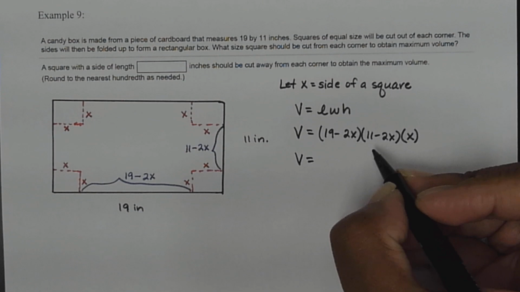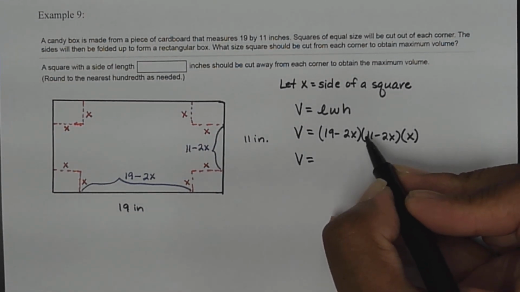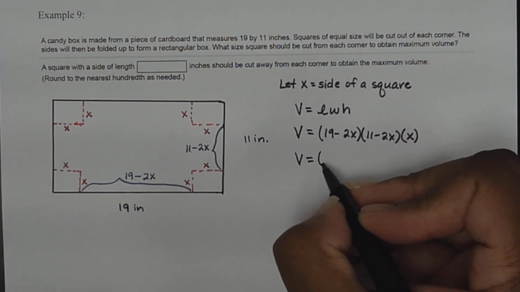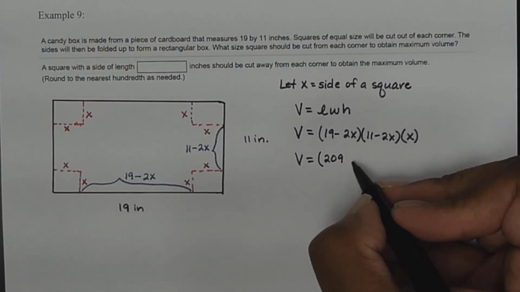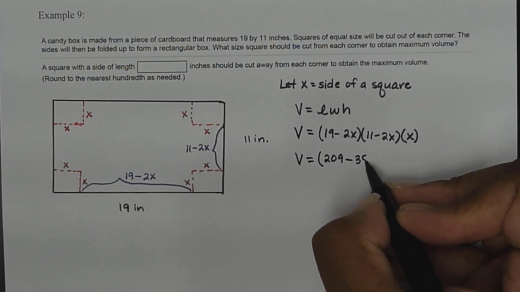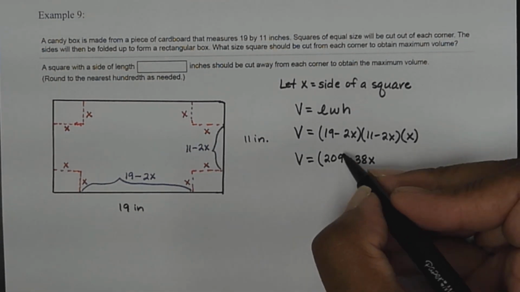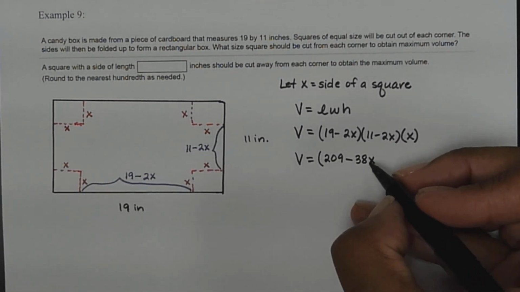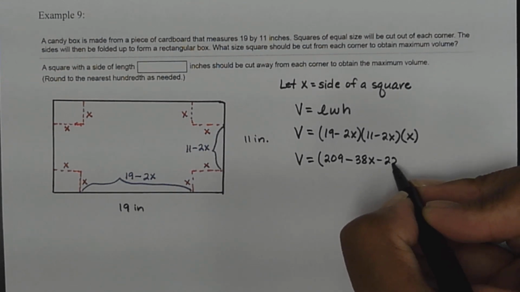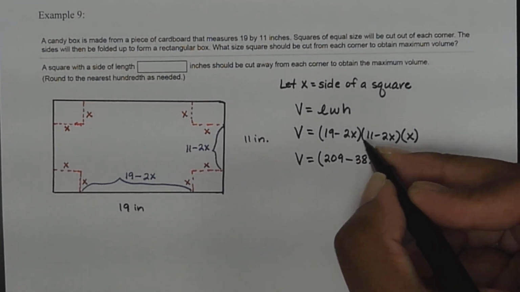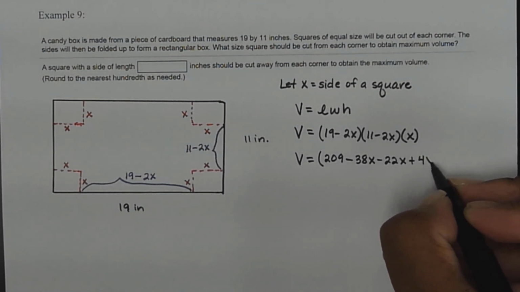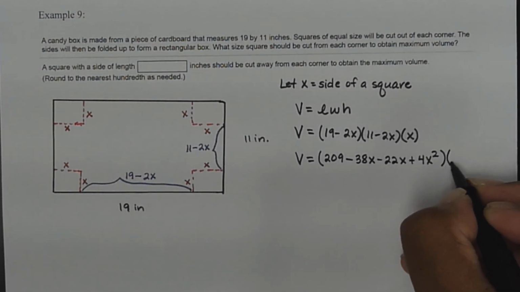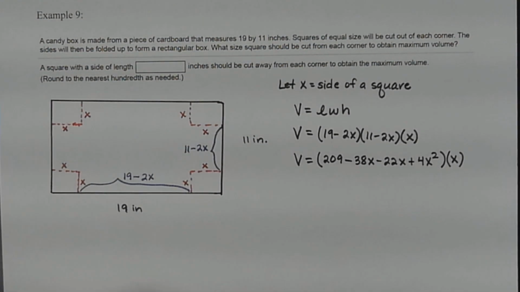So 19 times 11 would be 209. The outer, 19 times minus 2X, would be minus 38X. The inner, minus 2X times 11, would be minus 22X. Last times the last, minus 2X times minus 2X, would be plus 4X squared. And I still have this X that I need to multiply.